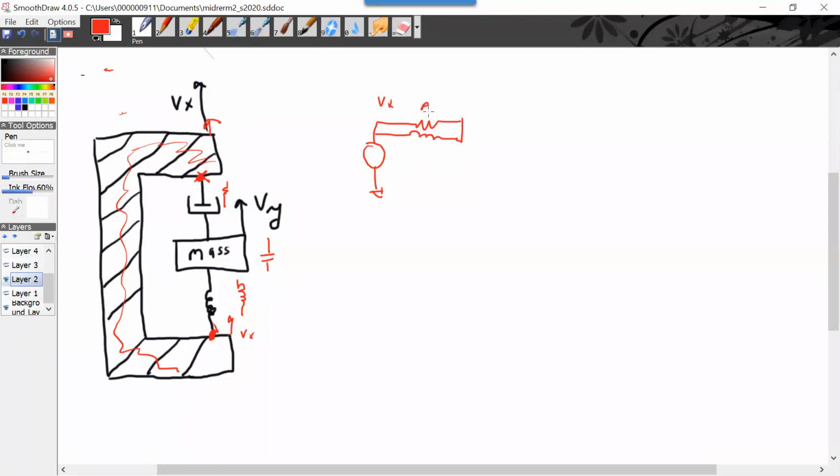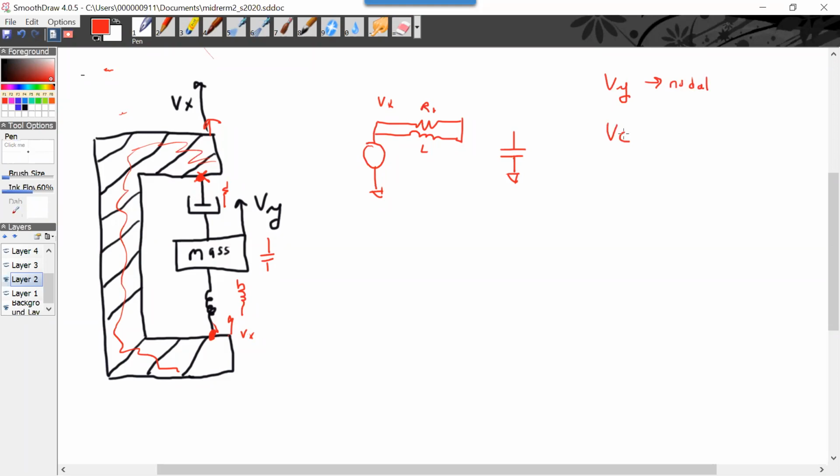That would be R, and that would be L. Now, the thing about the mass is that one end is always connected to ground because Vy is nodal.